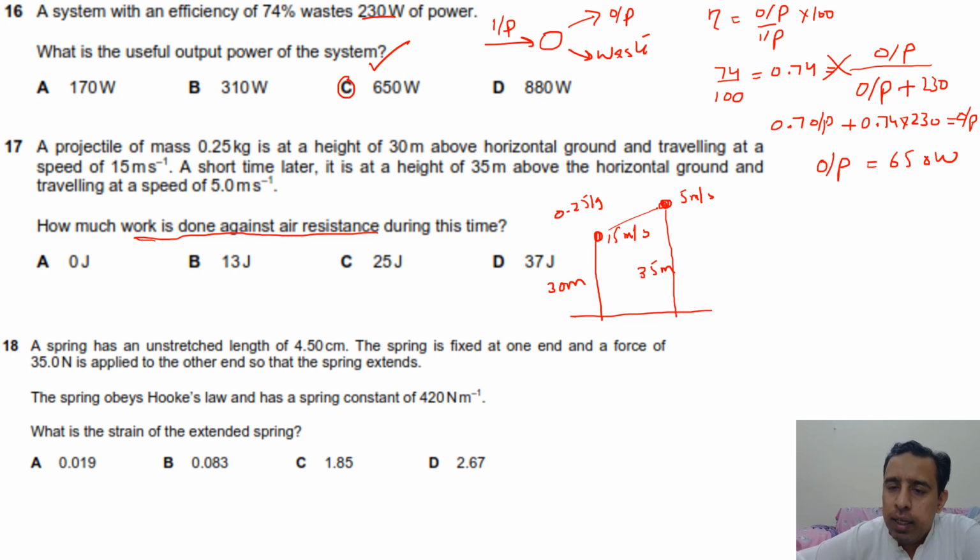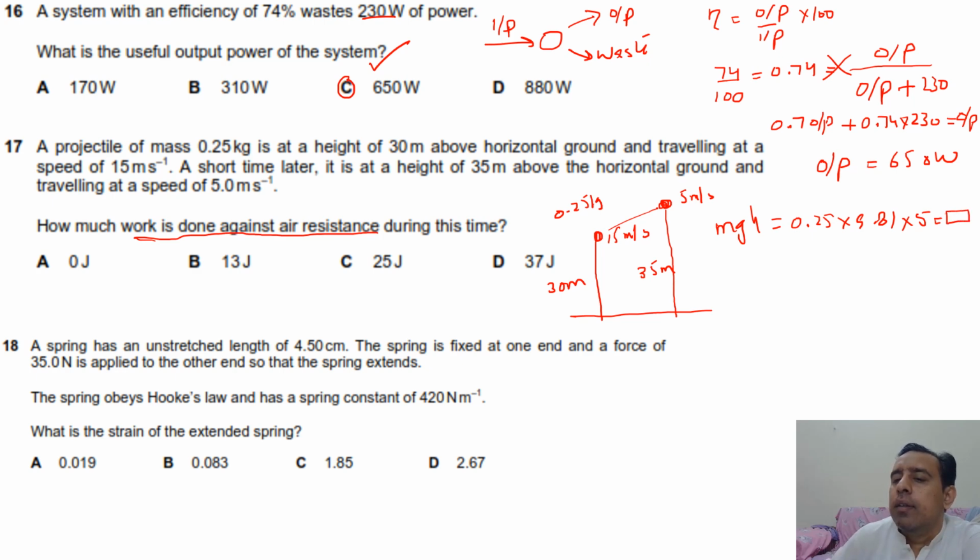If there is some difference between these two energies, that energy or the work done is used to overcome the air resistance. So straight away going to solve this problem by having the relation mgh. We know that the mass is 0.25, g is 9.81, and the height is just 5.